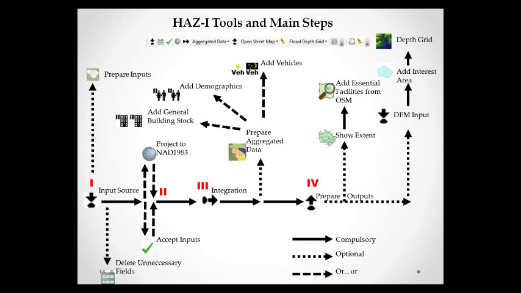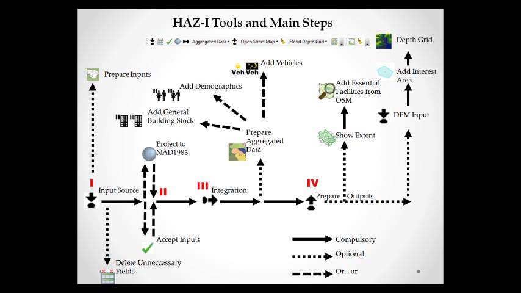Now in front of you you can see the schema, in which all the tools which were prepared are visualized, and also you can see the 4 main steps which are needed for successful integration of the study region in HazusMH.